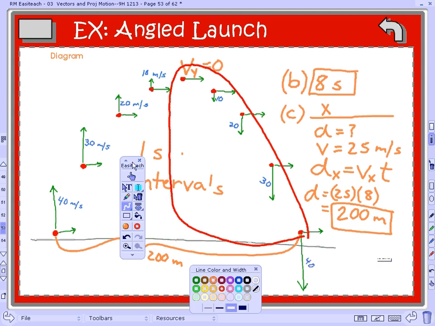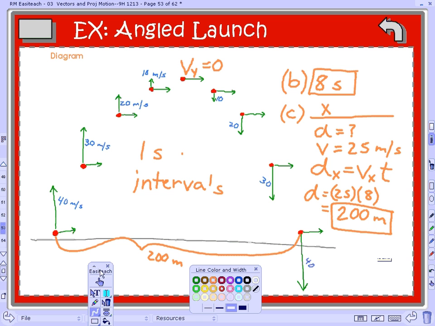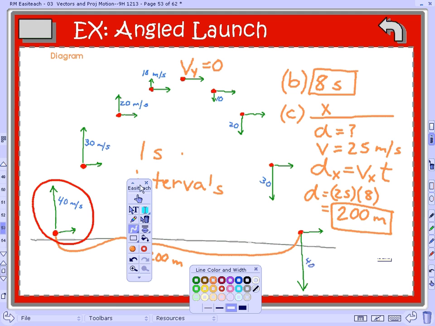So to summarize really quickly, the diagram was enormously useful to solving this problem. You wouldn't have to use it, but the diagram shows that this thing, first of all, had a speed in the very beginning that was just the vector sum of those two velocities.